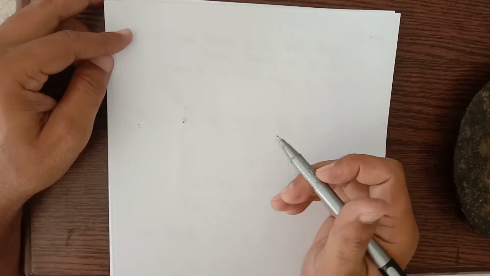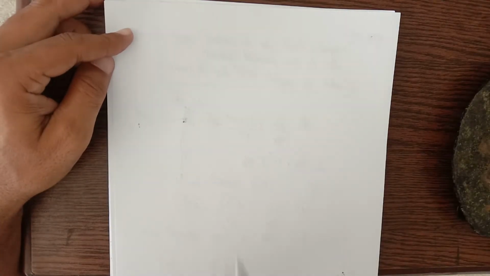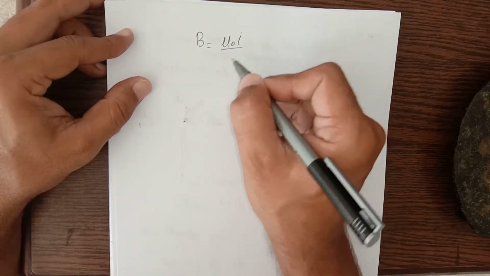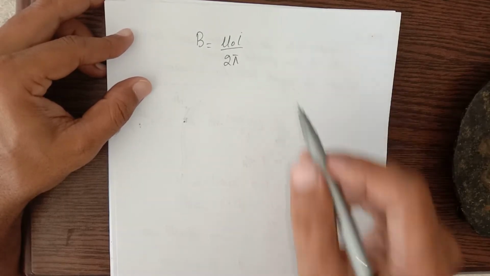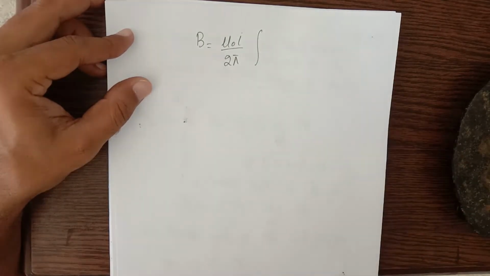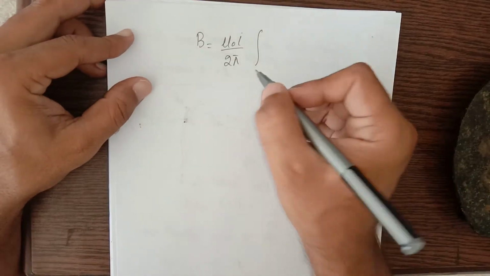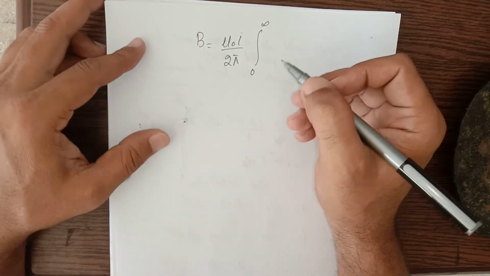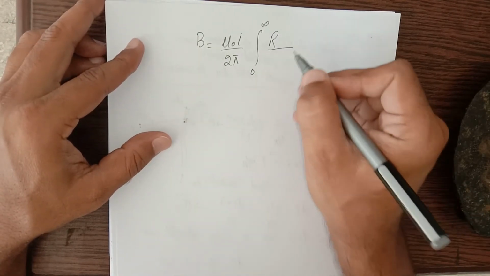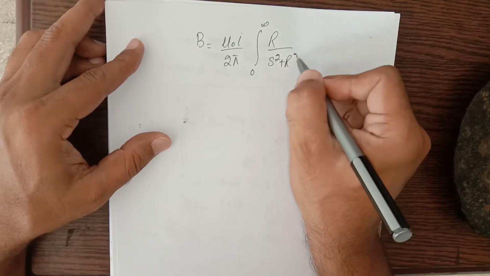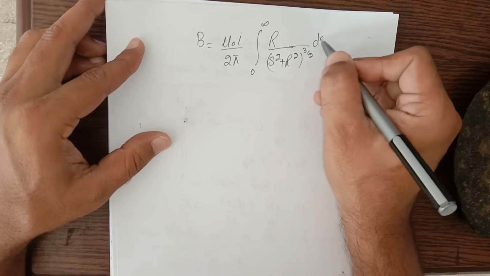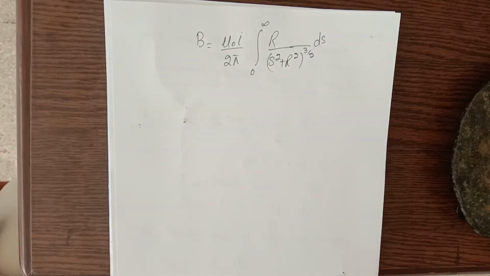Now if I write this equation in a more simplified form, B is equal to mu naught I over 2 pi, integral from 0 to infinity of r over s square plus r square, powers would add up to 3 by 2, ds. This would be my integral in this case.